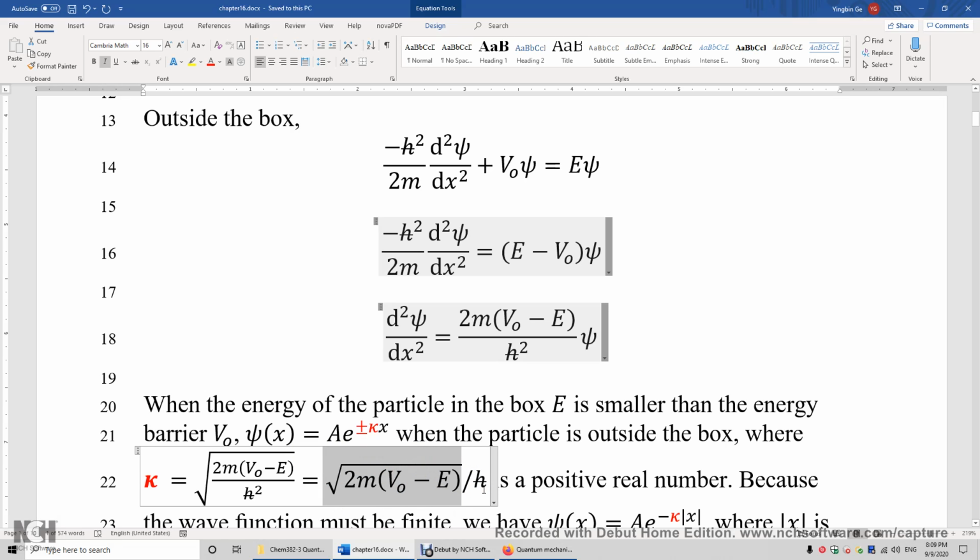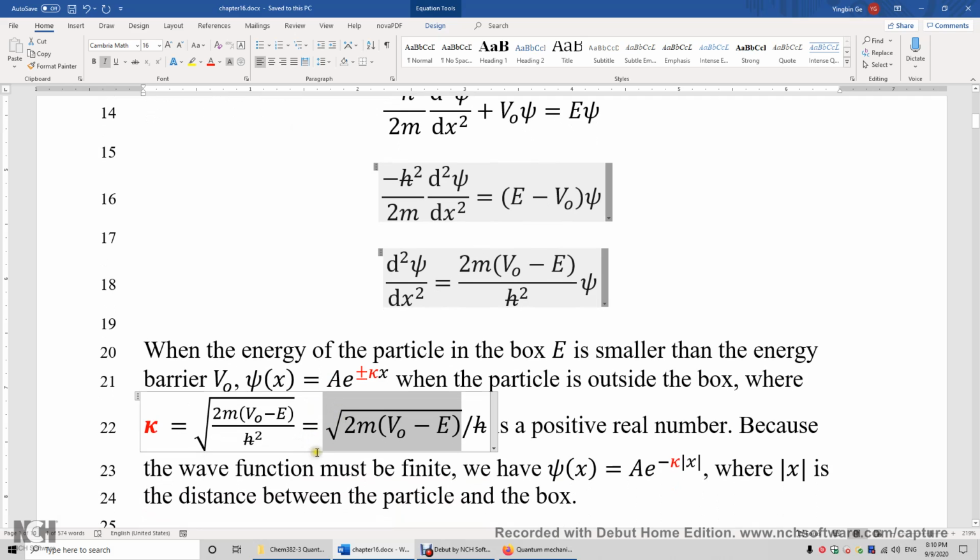H bar is the reduced Planck constant. Now, again, E is smaller than V0. Therefore, this square root is a real number, and it's a positive number. So kappa is real, kappa is positive.